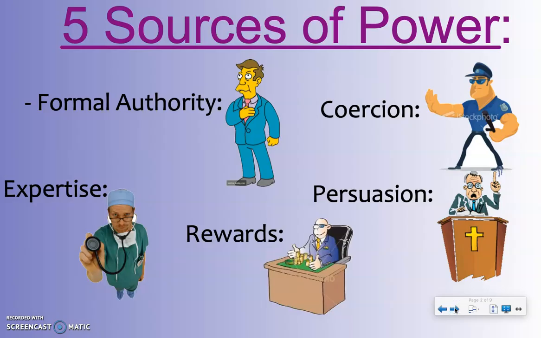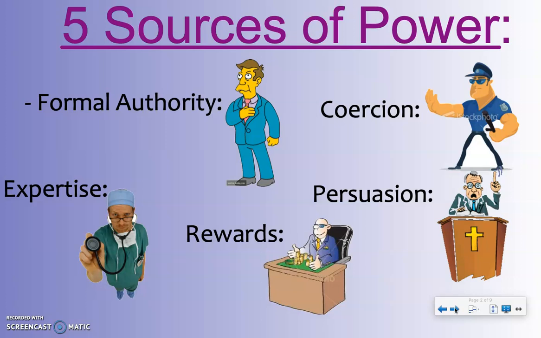So the first thing that the book talks about is power. Government is an opportunity to have power. There is power in government, whether it's coming from government officials or the power of the people in a democracy to vote. So there are different sources of power and authority.